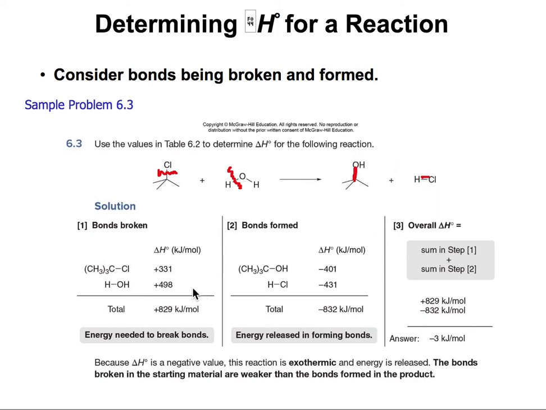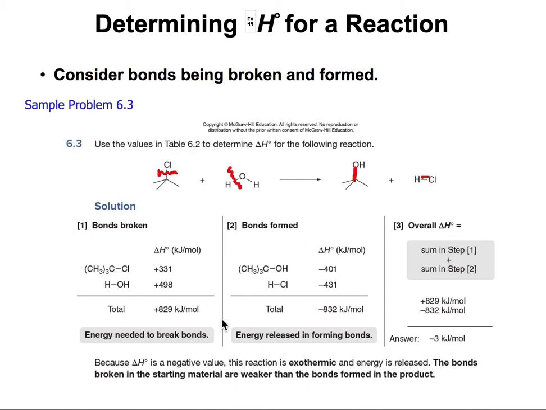We go to the table that I showed you earlier, and we can get that the energy that you need to break the bond between a C and a Cl is 331. The energy that you need to break the H-O is this number right here. And then on the other side, we get the energy that is released, and that's why we have negative signs right here, when we form these two new bonds.